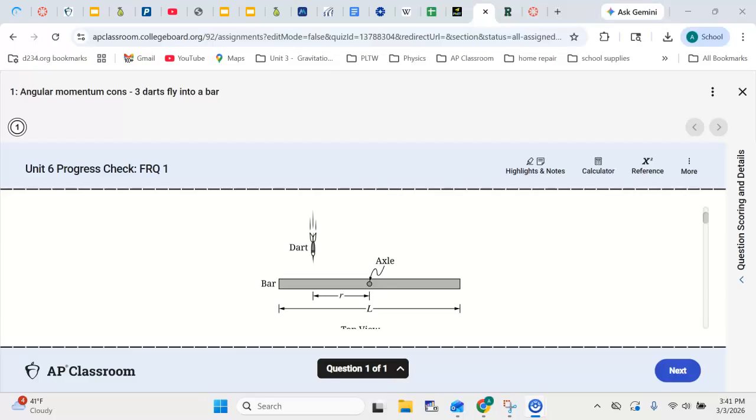So the equation for angular momentum of a point mass is r m v sine theta, okay?